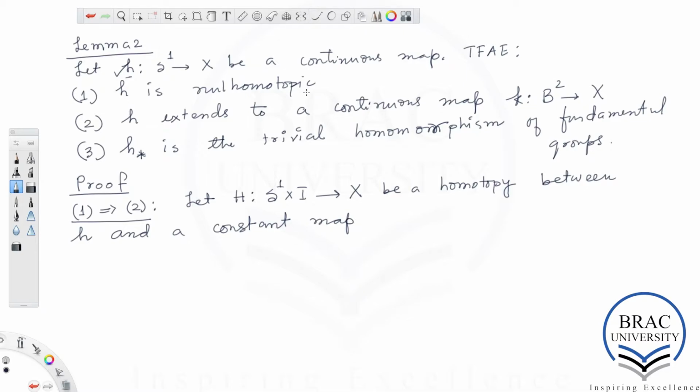It's given that H is null homotopic, which means that such a homotopy exists. So we are taking that homotopy and calling it H. H is null homotopic is equivalent to H being homotopic to a constant map. Constant map means that we have a map that maps all of S1 to a single point of the given topological space X. These are given facts.